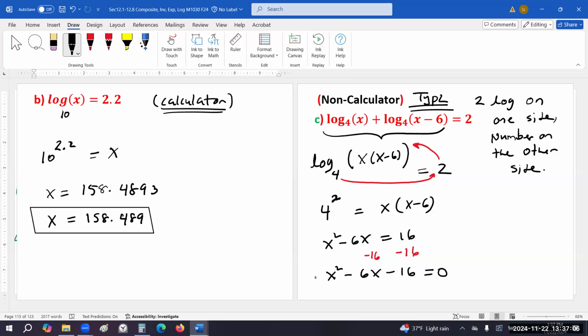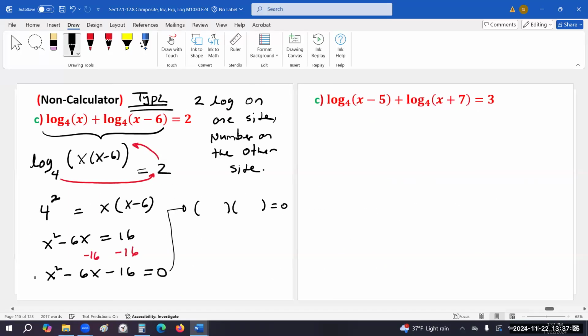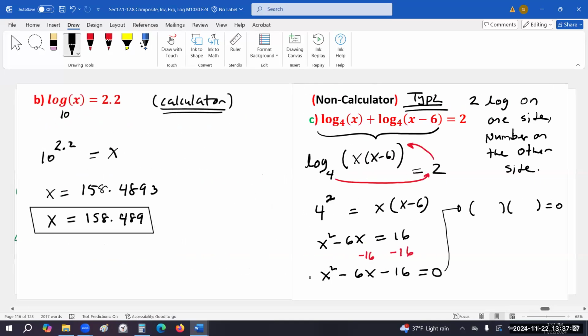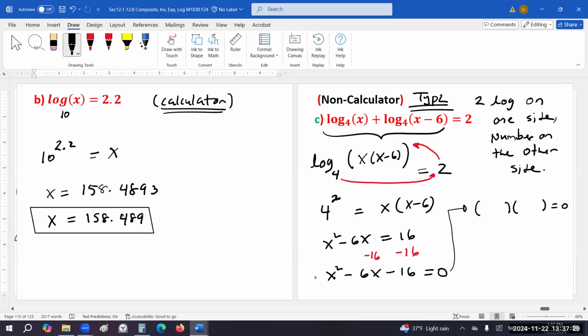I'm not too sure about the homework, but in the exam, they are factorable. We'll see what method to use.